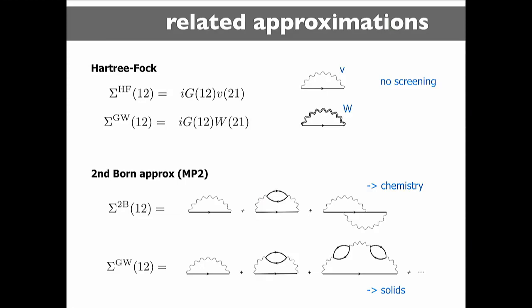Still in terms of resemblances, GW, we saw this expansion here up to infinite order, so this is all resummed. We can see some similarities with the second-Born approximation, that in terms of an energy is related to, so second-Born is a self-energy, but can be derived from the MP2 total energy of quantum chemistry.